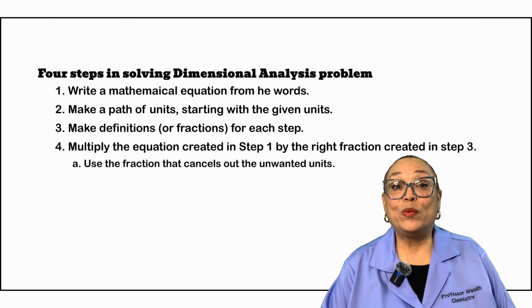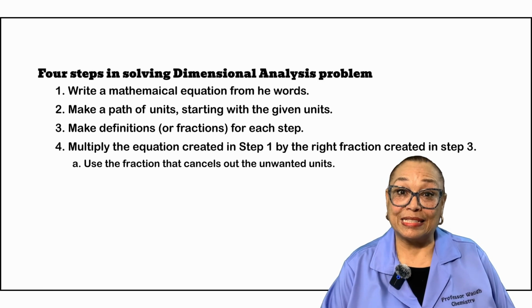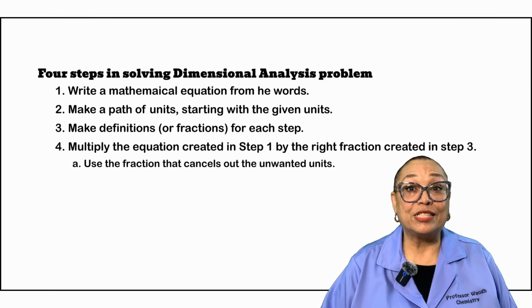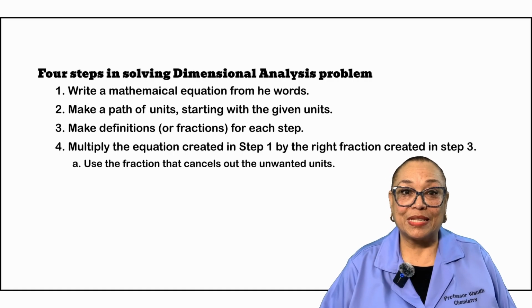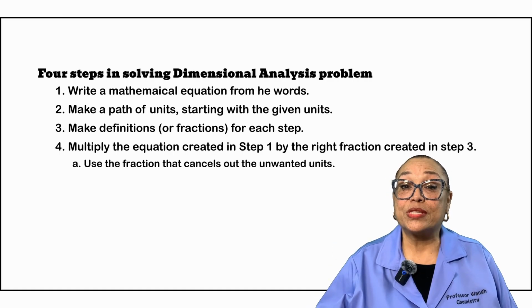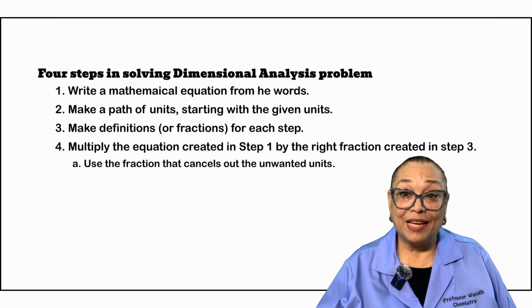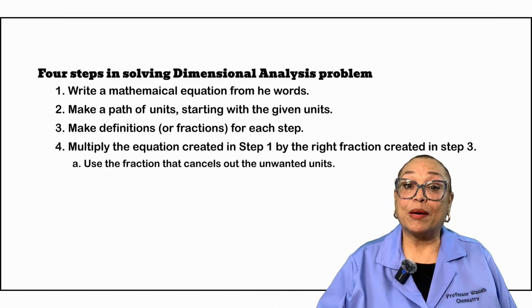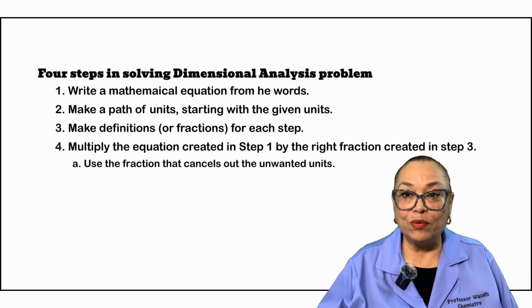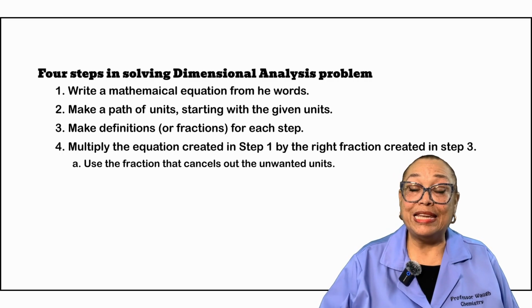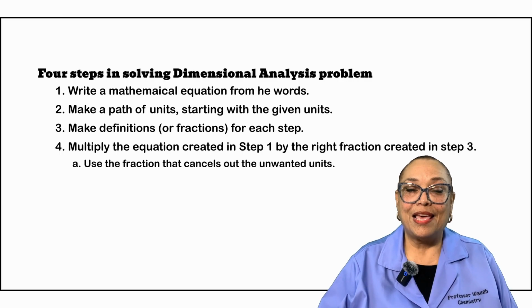To recap, we went over dimensional analysis, breaking it down into 4 easy steps. In step 1, you simply have to convert the words into a mathematical equation. In step 2, you make a path of units, starting with the given units and leading to the targeted units.